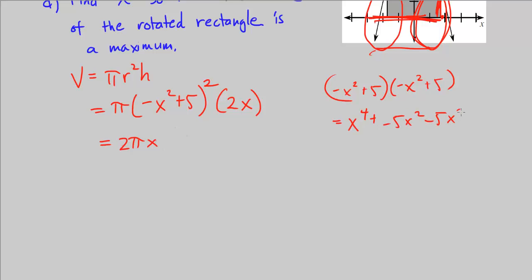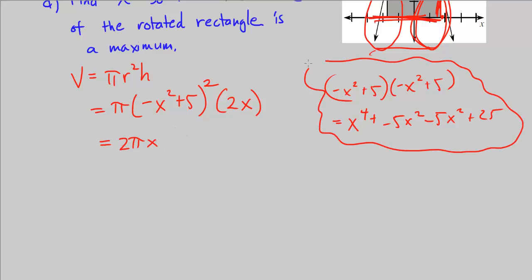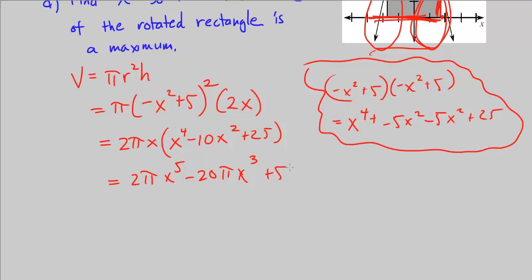Again, plus 25. Okay, this is just the side bubble work. So this is going to be 2 pi x times x to the 4th minus 5, excuse me, we can combine these, so minus 10x squared plus 25. Distributing the 2 pi x, we get 2 pi x to the 5th minus 20 pi x cubed plus 50 pi x.